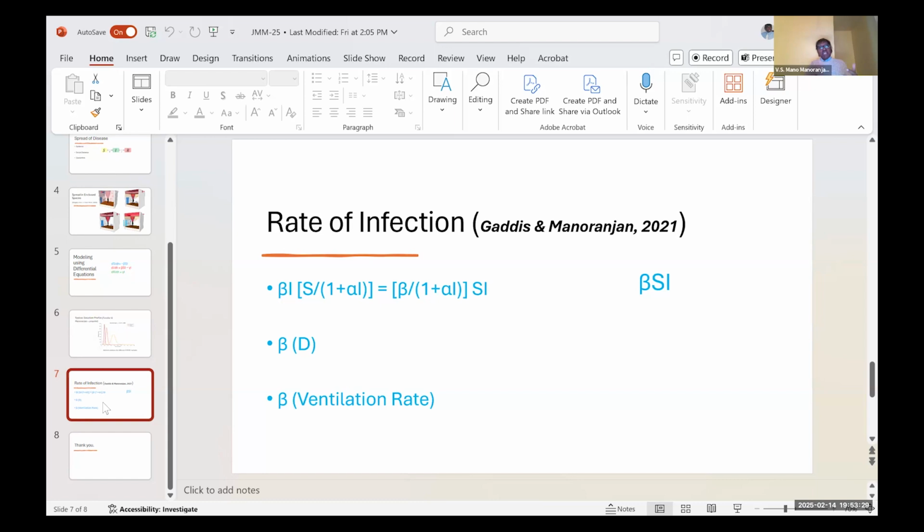And also in terms of ventilation rate, you can play with different ventilation rates in the model and then decide, for a particular type of room or space with a certain volume, what kind of ventilation you need to install in order to have the spread decreased. So these are some of the things I do in the class.